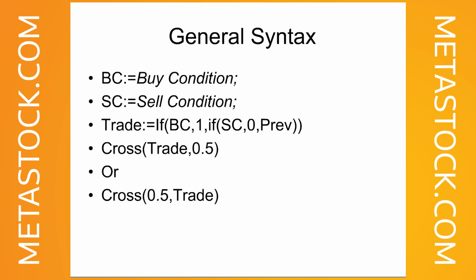And then the next expression is we're using a cross function, and we're taking the trade variable and checking if it's crossing a level of 0.5, which means that we're just checking to see if the trade expression shown here is changing from false to true, and if it is, then in this case we would be getting a buy condition.